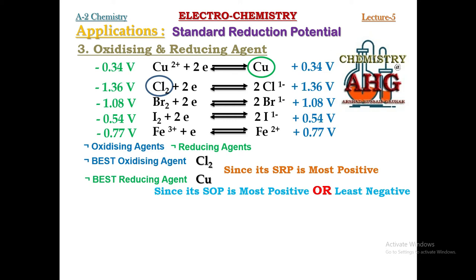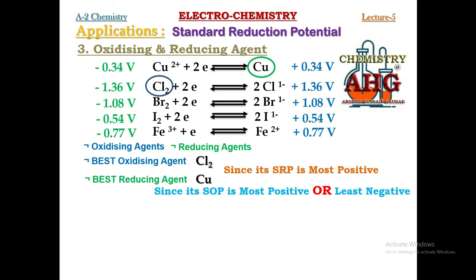Moving on, next thing you must remember, now you have come to know what is the best reducing agent and what is the best oxidizing agent. If out of these 5 you combine the two half cells containing the best oxidizing and best reducing agent, you can construct an electrochemical cell that can produce maximum voltage out of these 5 half cells.